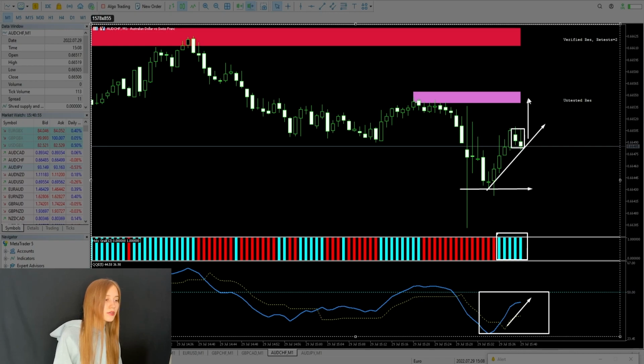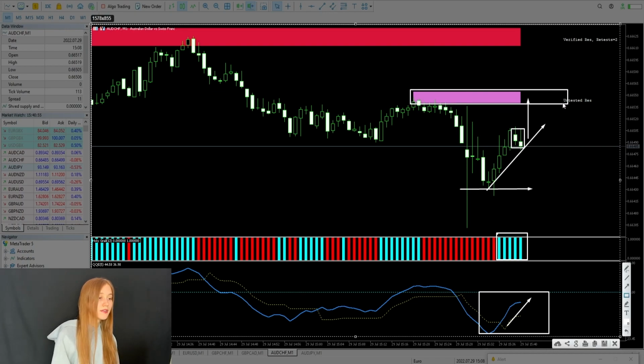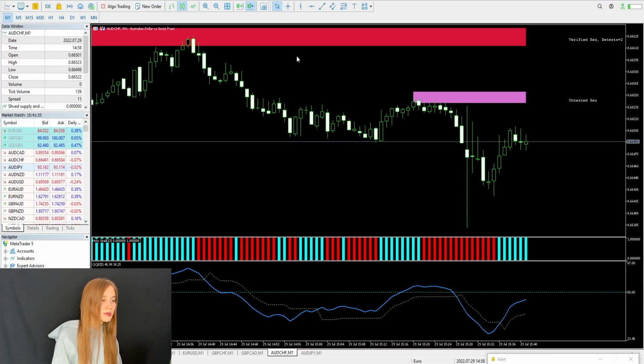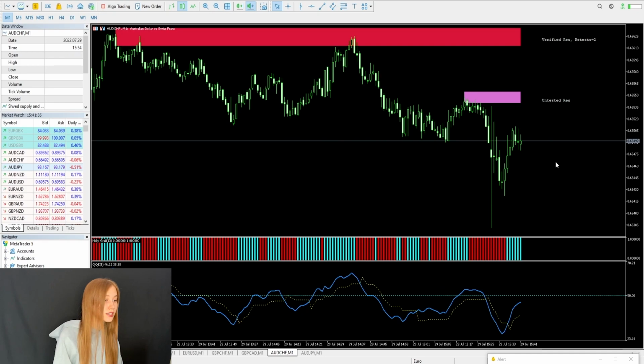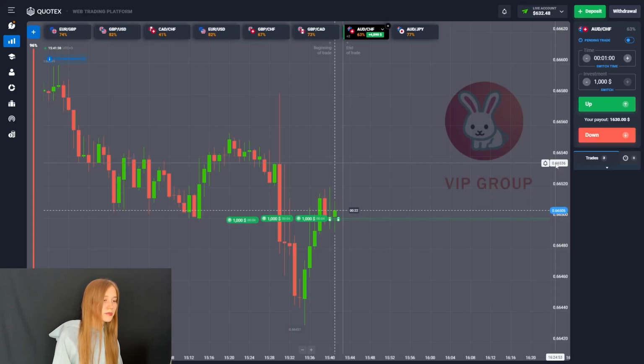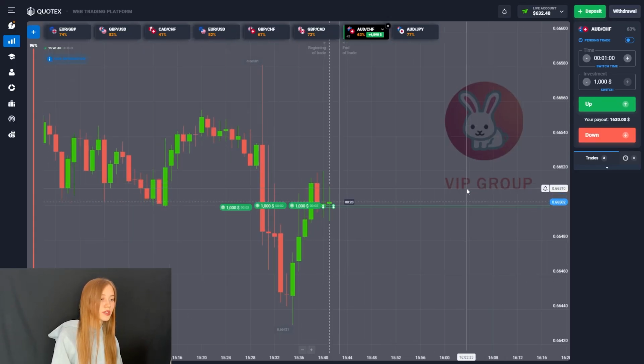The movement goes up, everything is natural and transparent. Even the resistance zone at this level the candle did not reach. Let's move to the broker, and there is a little time left before completion.